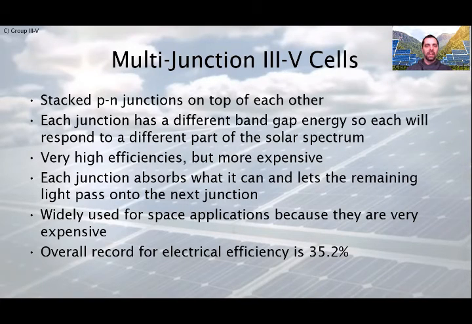The subcells can be stacked on top of one another so that sunlight first strikes the highest bandgap subcell, which is tuned to light with the shortest wavelengths or highest energies. The longer wavelengths pass through the first subcell and strike the lower bandgap subcells.